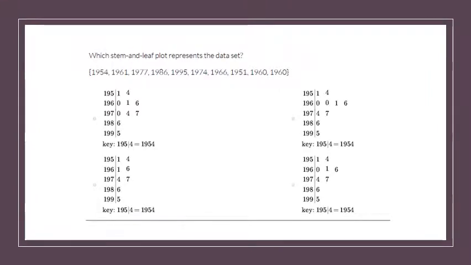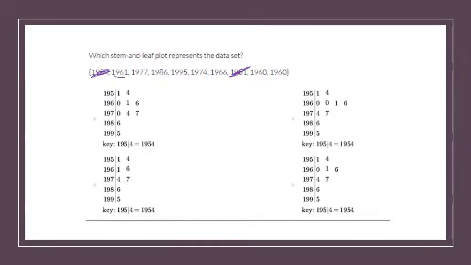Okay, which stem and leaf plot represents the data? So in the first row of every one of them, I do see 1951 and 1954. I'm just going to mark that off. Okay, I do see some discrepancies between the 1960 row.